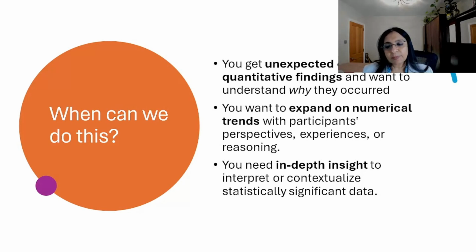When you want to expand on numerical trends with participants' perspectives, experiences or reasoning. And when you need in-depth insight to interpret or contextualize statistically significant data. So these are some of the situations we can use explanatory sequential design.